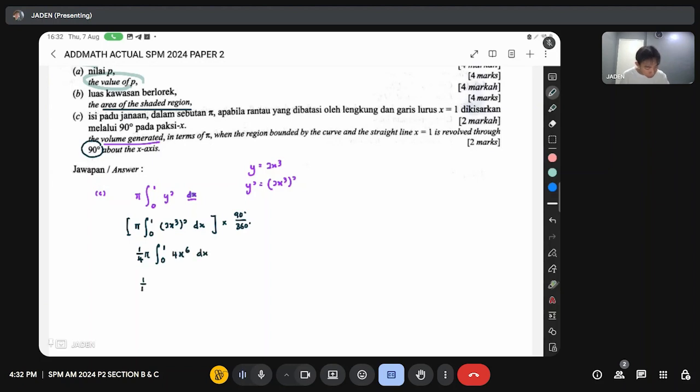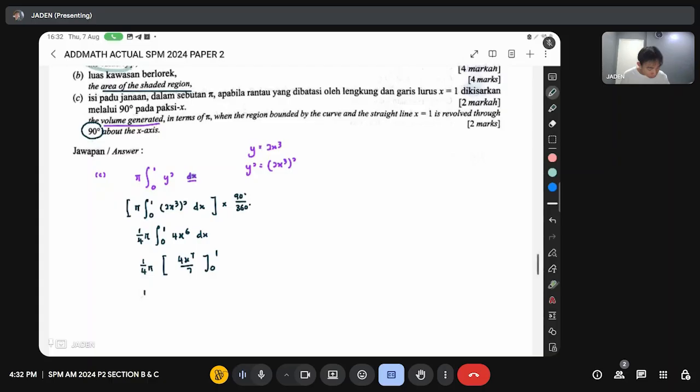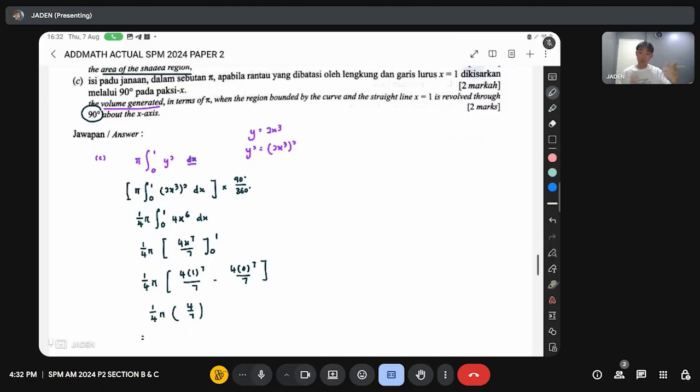So 1 over 4 pi, open up a big bracket, integrate this, 0 to 1, then 1 over 4 pi, open up bracket, 4 bracket 1 power 7 minus 4 bracket 0 power 7 divided by 7. Okay, so this is 1 over 4 pi multiplied with 4 over 7. So when you do final calculation, 1 over 4 pi times 4 over 7, you will end up with an answer which is 1 over 7 pi unit cube.